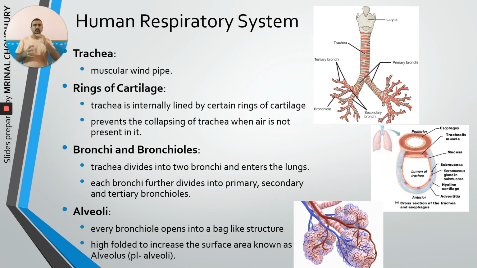So it is in the wall of the alveoli where the diffusion takes place. Oxygen from inside the alveoli gets transferred to the blood in the surrounding blood capillaries. Similarly, carbon dioxide from the blood capillaries is transported into the alveoli, from where it will be thrown out in the process of breathing out.